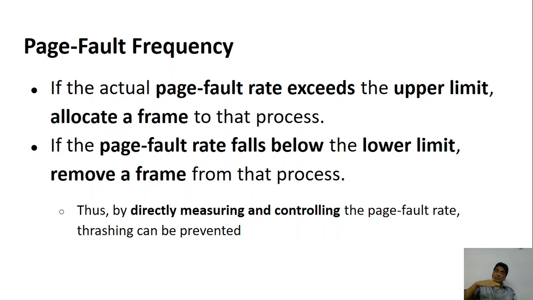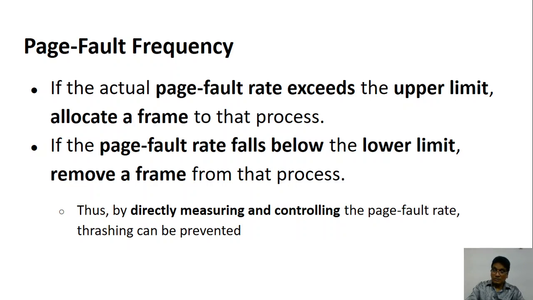If it is going above the upper level, you give more pages to it. You say okay, you want more pages, I will give more pages. If it goes below the lower limit, you remove some pages from it.